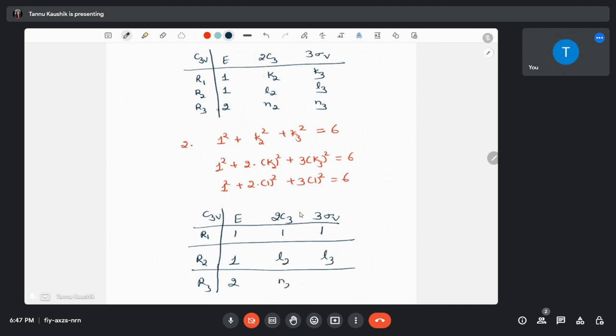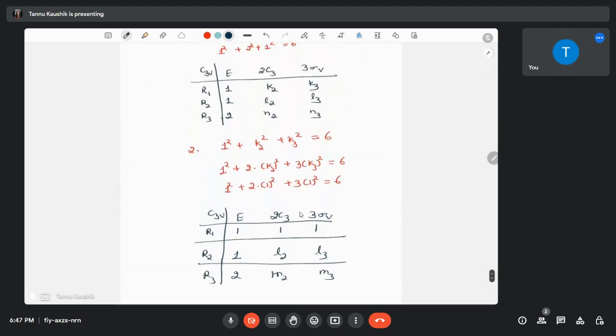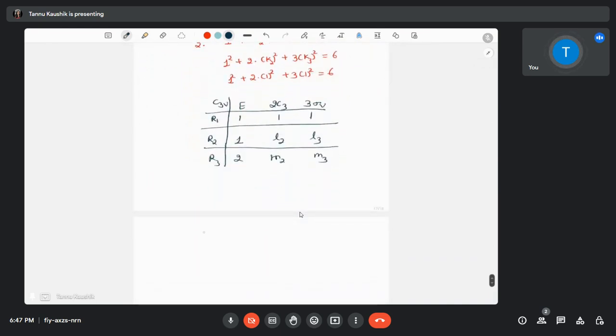So now we have L2, L3, M2 and M3. Now if we use the fourth postulate, that is, the sum of any two representations must be equal to 0.